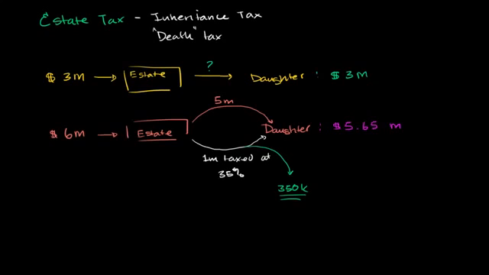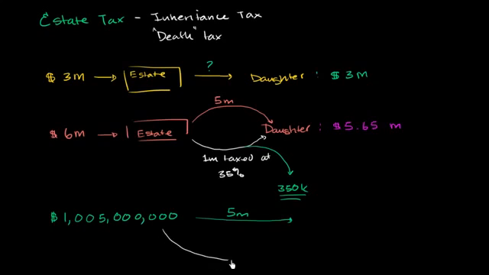If I am super rich, let me make up a number to make the math easy so I don't have to get a calculator out. Let's say I am worth $1,005 million. This is my net worth. In this situation, the first 5 million will be excluded, so my daughter will get the 5 million directly. Everything above that will be taxed at 35%.